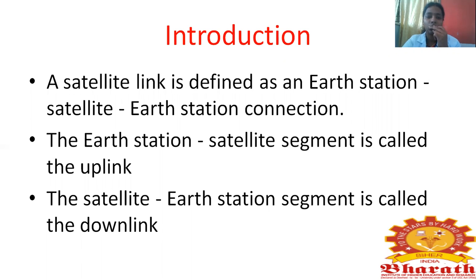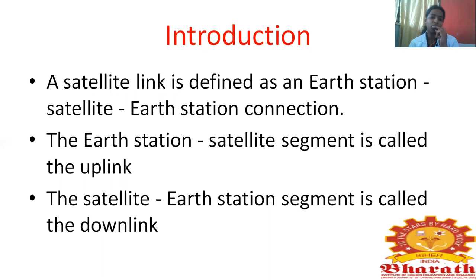The second part is from the satellite to the Earth station. Sometimes the satellite will also be communicating with the base station, and the base station is going to receive the information from the satellite. You call this satellite to Earth station segment the downlink. The uplink and downlink are defined by the names themselves. Uplink tells that the information is being sent upwards, from the ground towards the satellite.